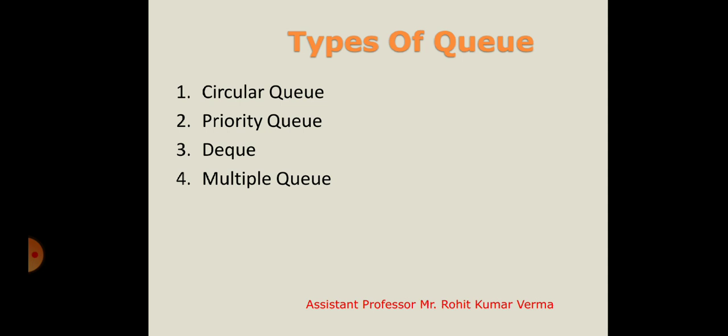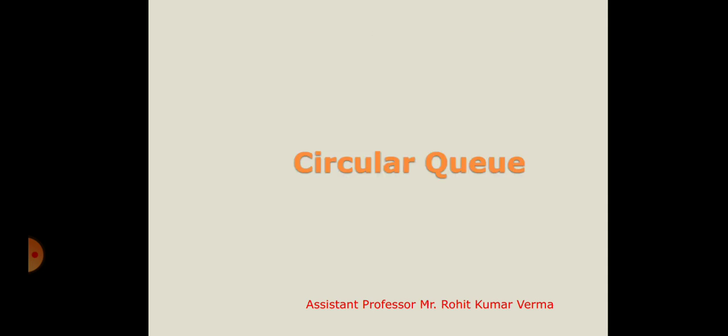Now we are covering types of queue. Dear students, there are various types of queue, such as circular queue, priority queue, double-ended queue and multiple queue. Now we are covering circular queue. So what is a circular queue?